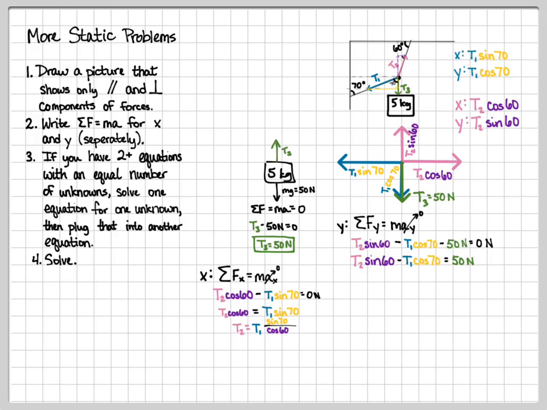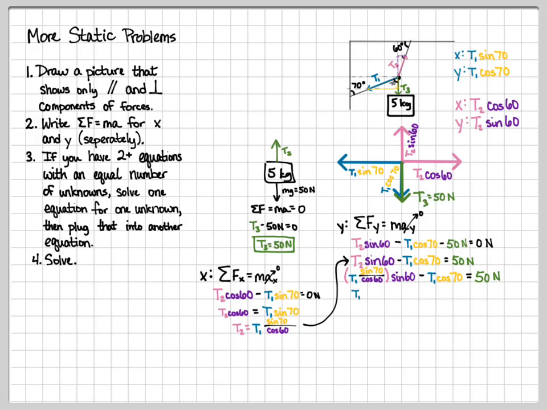So now that I have T2 in terms of T1, I can plug it in to my earlier equation. So instead of writing T2, I'm going to write T1 times sine 70 over cosine 60. So all that was T2 times sine 60 minus T1 cosine 70 equals 50 newtons.